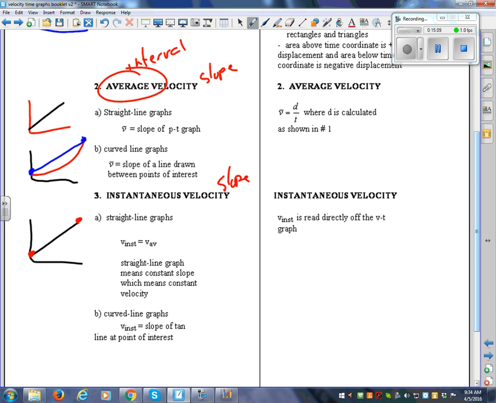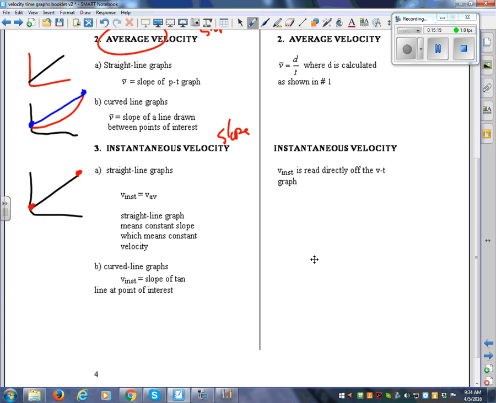Do you need to use the endpoints to find the slope? You can use any 2 points. People tend to use the endpoints. What if it's a curved line graph? Tangent line.